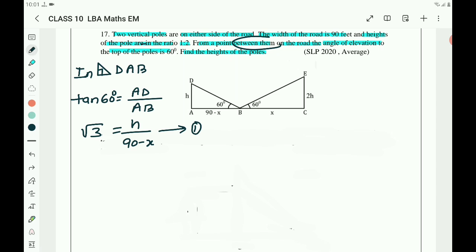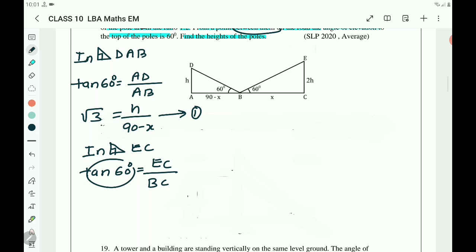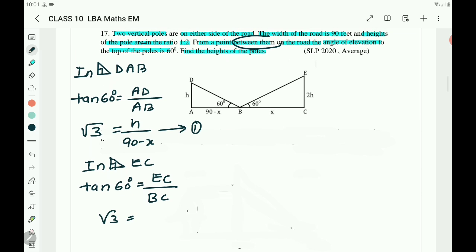Then in the right angle triangle ECB, tan 60 degrees equals opposite side EC by adjacent side BC. Tan 60 is root 3 equals EC by BC. EC is 2h and BC is x. Consider this as the second one.